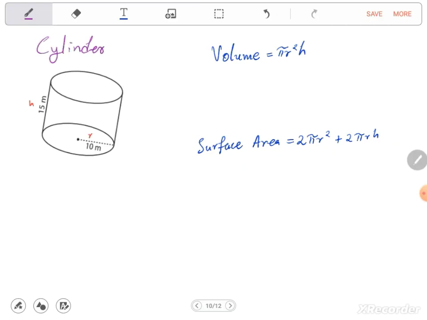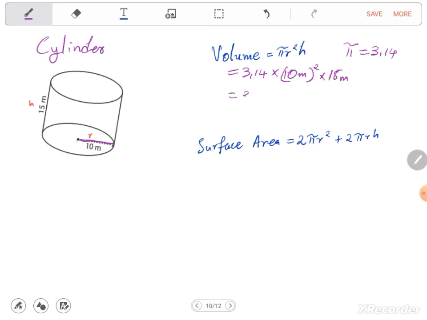Now with the cylinder, we say the volume for the cylinder is pi r squared h. So we will substitute pi, where pi is equal to 3,14. So we'll say 3,14 times the radius. We have been given that this distance here from the center of the circle to the circumference is 10 meters, and we square it. Multiply by the height. The height in this case is 15 meters.